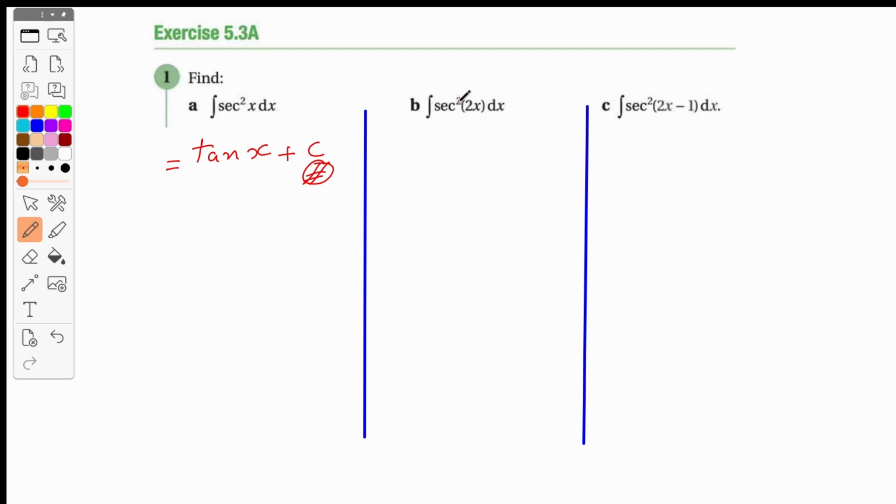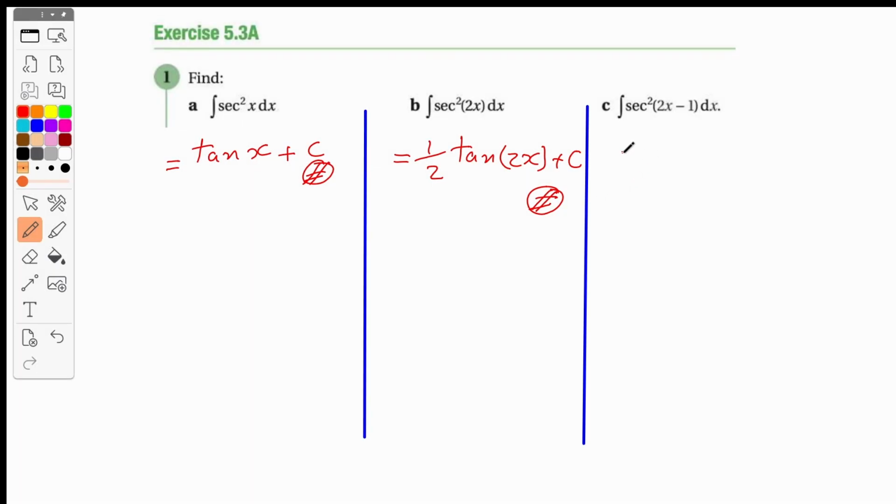Here, the integral of secant squared 2x, where we have ax, you should divide by this a, which is 2. So we say 1 over 2 times tan of the same quantity, 2x, then plus c.